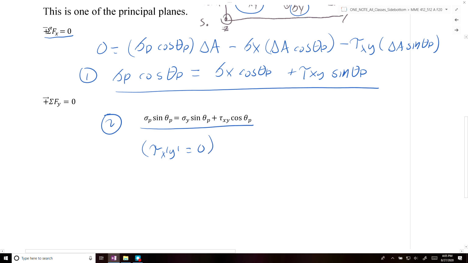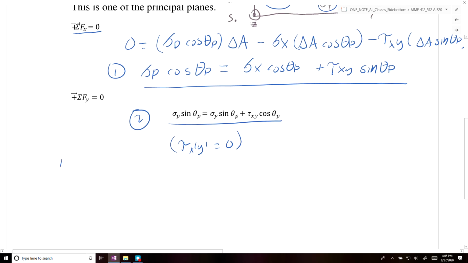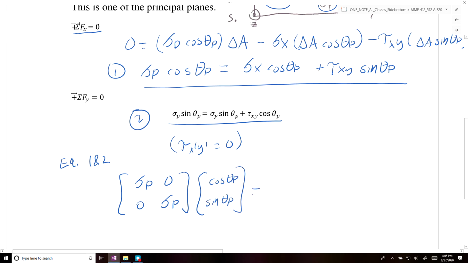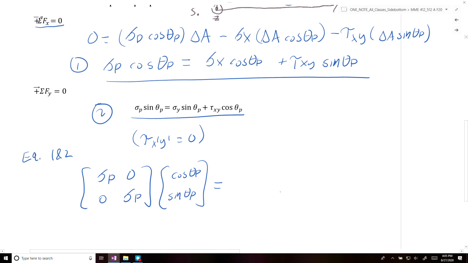If we combine our two equations, 1 and 2, and put them in matrix form, we get the identity matrix times sigma p times cosine theta p and sine theta p, equal to the right-hand side, which simplifies to our stress matrix in 2 dimensions times cosine theta p and sine theta p.